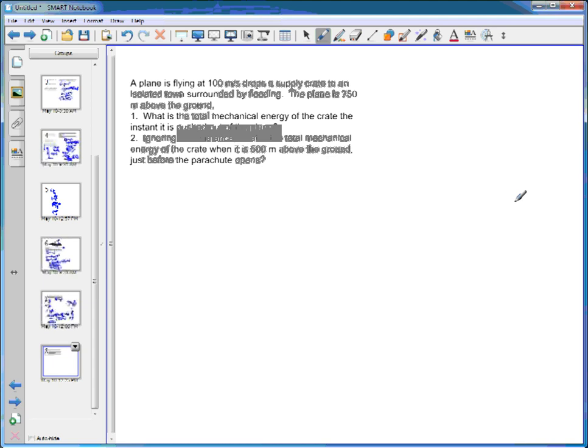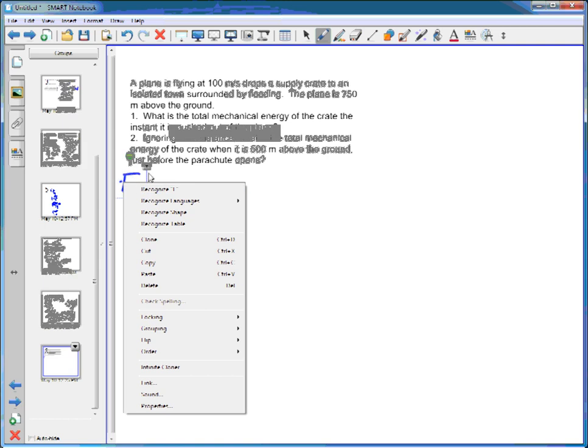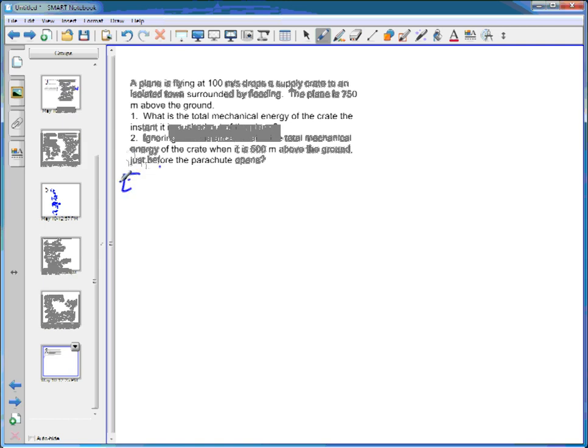Okay, well, mechanical energy, let's just call that EM, is equal to EG plus EK.